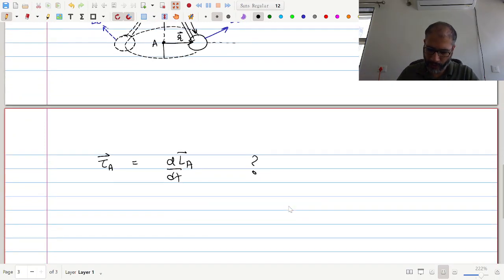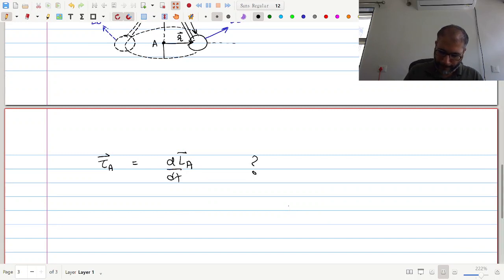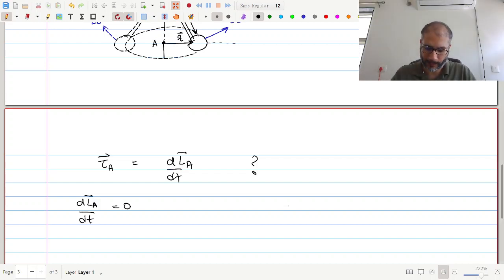Now for the case A, we already knew that the vector LA was constant both in magnitude and direction. So the whole vector was a constant. That means d by dt of that vector is 0. So that is the right hand side. Now let's check the left hand side.